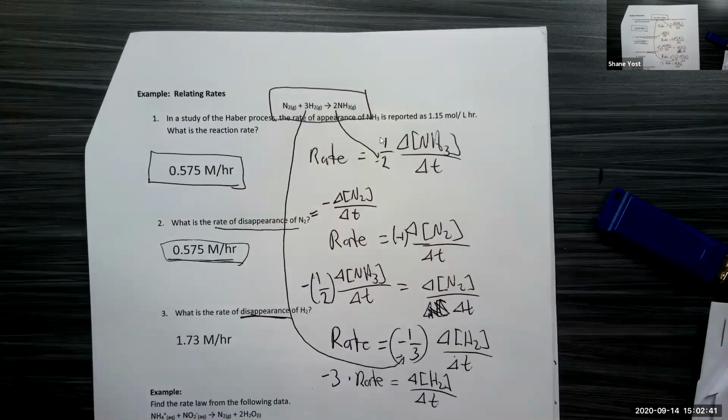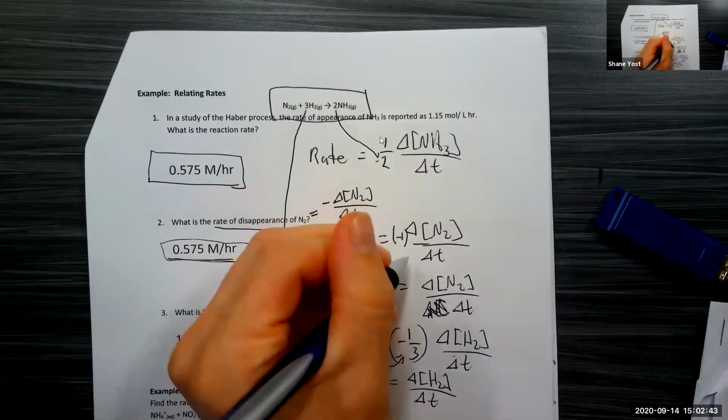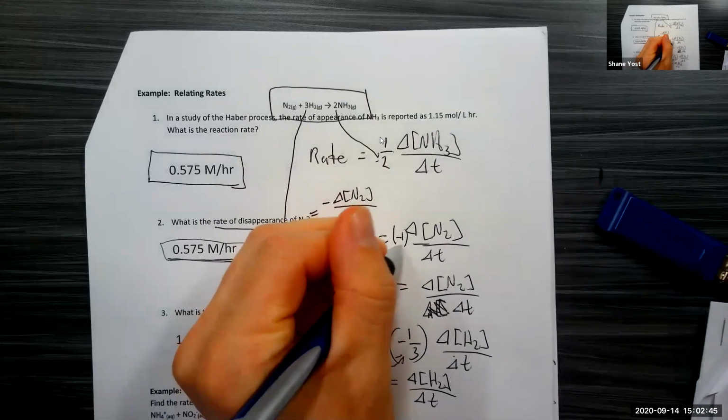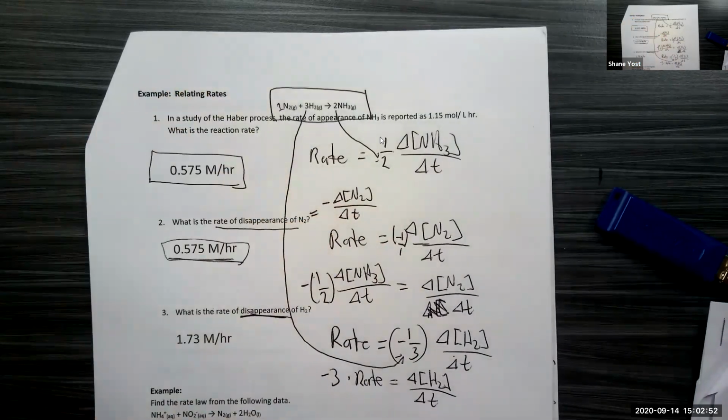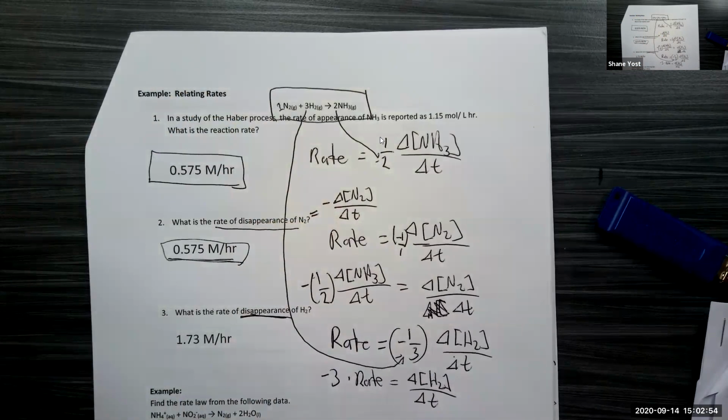In this one, I divided by 1, N2 divided by 1, and I get that 1 from the stoichiometric coefficient of the balanced chemical reaction. So all of these factors of a half, a third, or whatever come from our stoichiometric coefficients in our balanced chemical reaction.